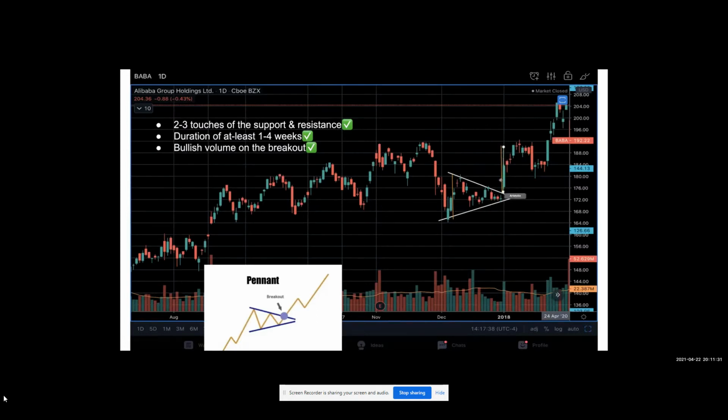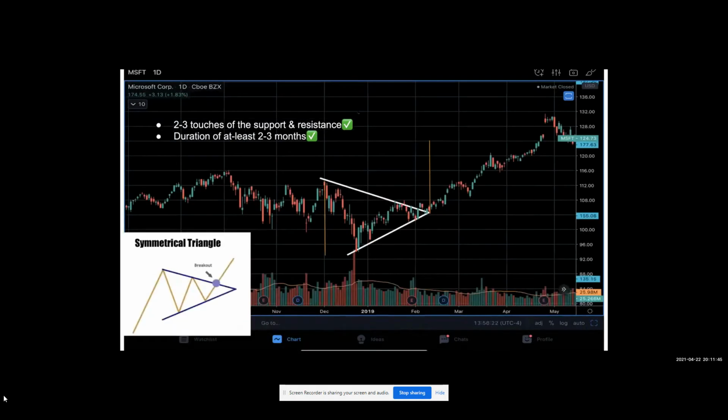All right. So let me go back and show that. So let me undo, right? So I want to kind of go back to the symmetrical triangle and show that one more time, right?